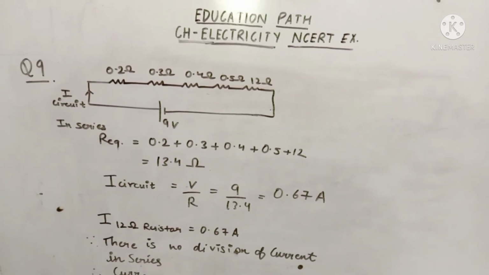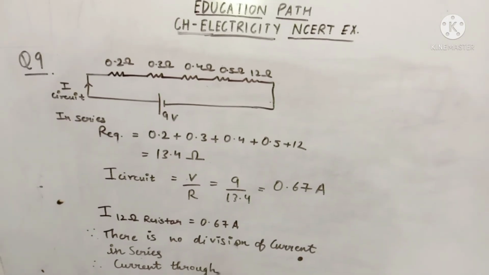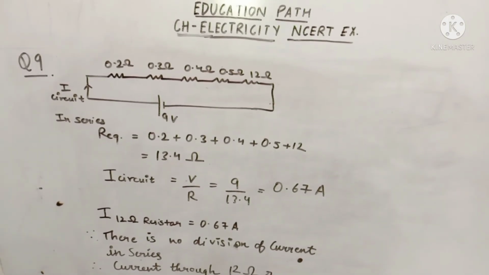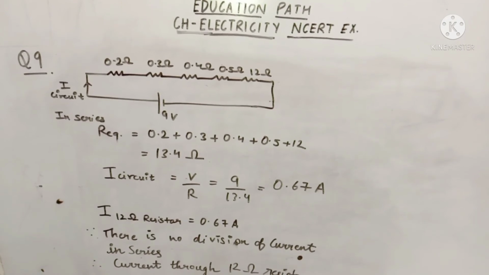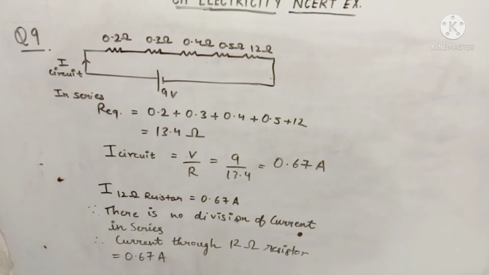Therefore, current through the 12 ohm resistor is 0.67 amperes.